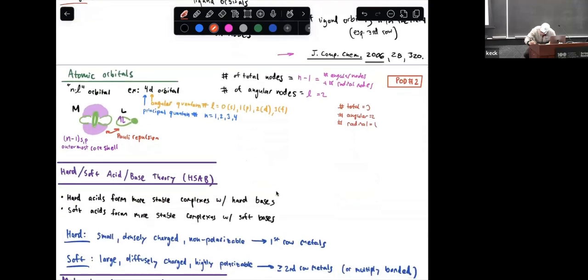I'm going to draw this 2D projection as such.